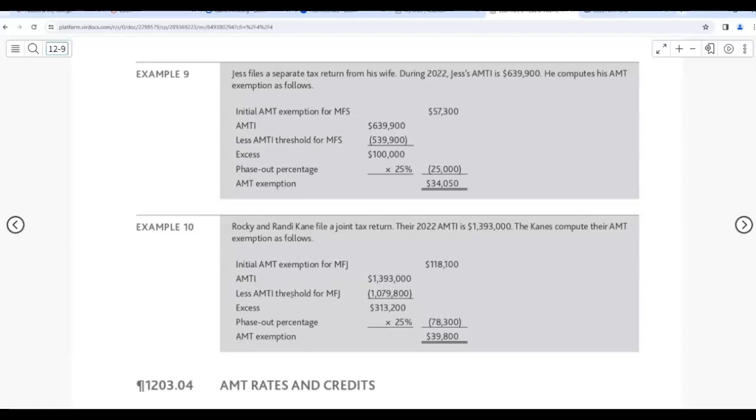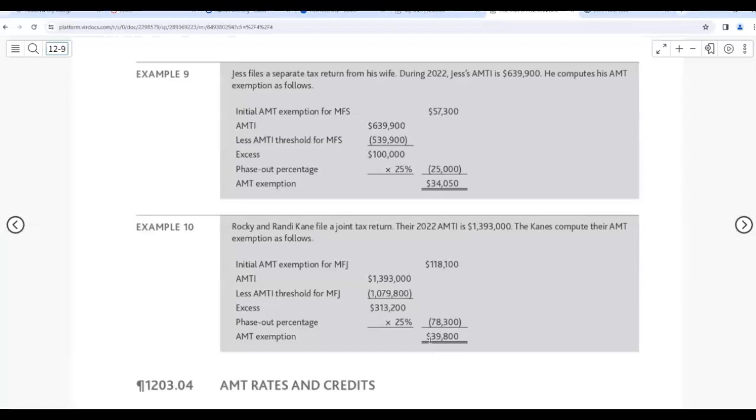Less the AMT threshold for married filing jointly, which is $1,079,000. So the excess is how much? $313,000 of excess. Times the 25% phase-out percentage ends up being $78,000 of phase-out. Minus the $118,000 exemption, so the only exemption these guys get is $39,800. Okay, and why?